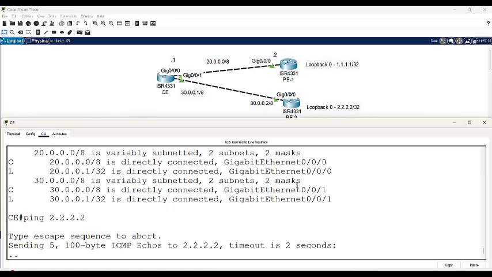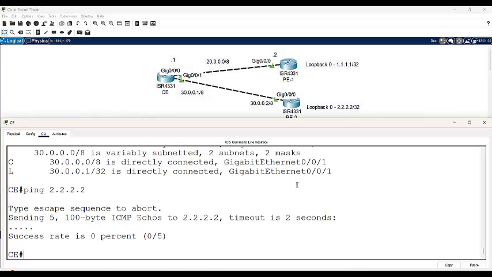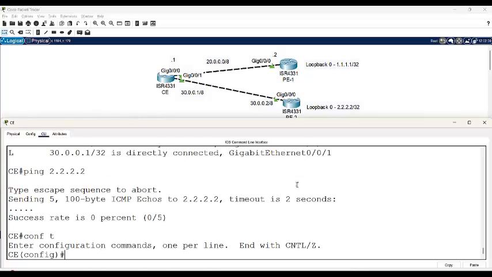I want to use the exit interface because I do not know the next hop. So how do we write that? Very simple. Same command, ip route. If you wish to go to the 1 network, what is the exit interface in this picture here?